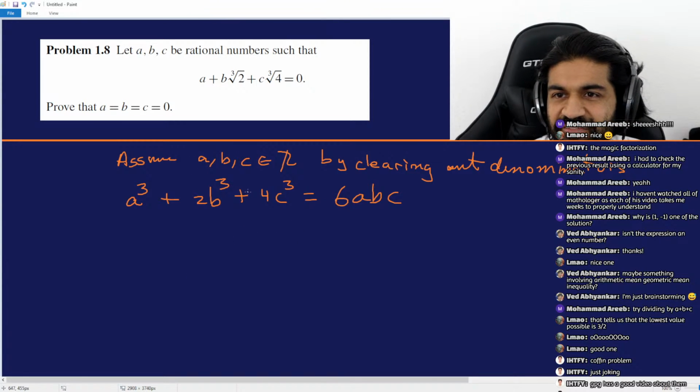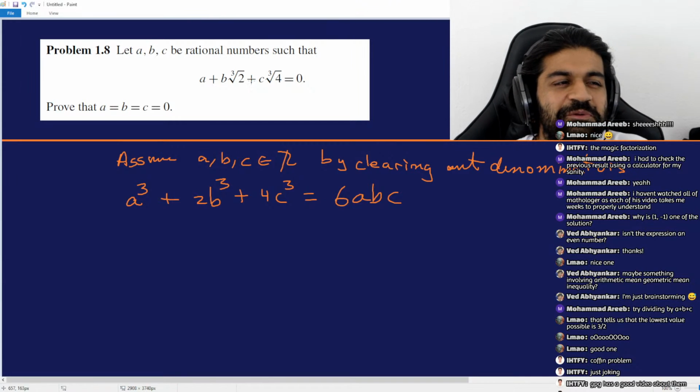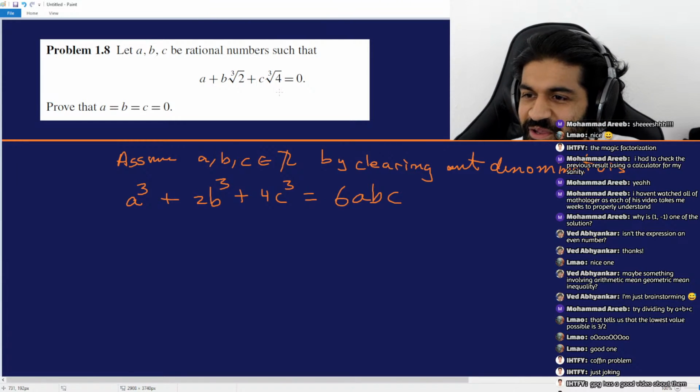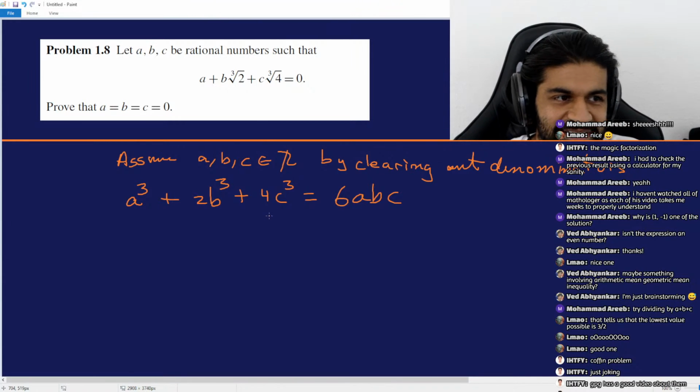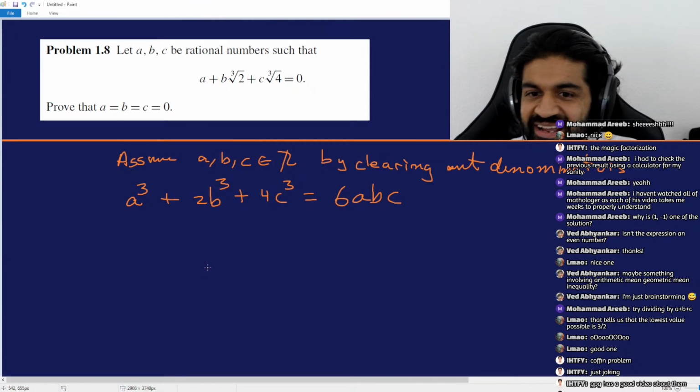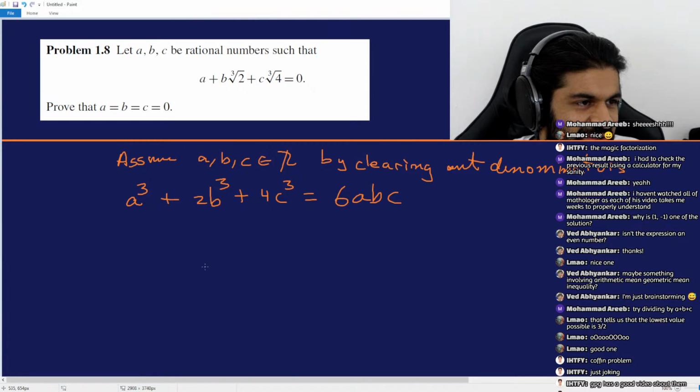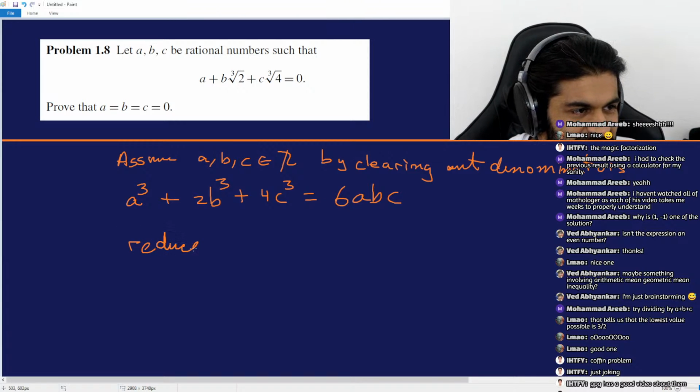Should the right side have radicals? No, because if you multiply the cube root of 2 with the cube root of 4, you get the cube root of 8, which is 2. So I do not believe that the right-hand side needs radicals. Actually, okay, so here we go. You can reduce mod 2, right?